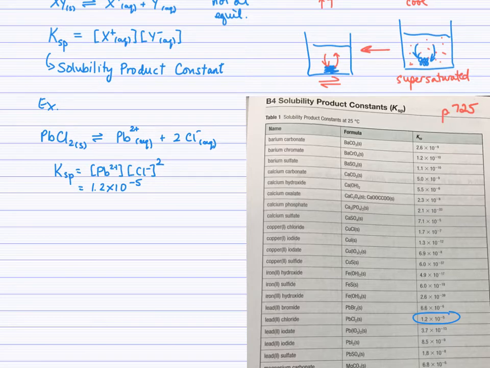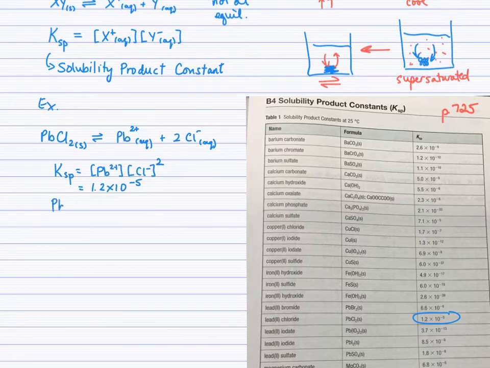So what does that value of KSP tell you about the equilibrium position? Compare the amount of reactants and products in this equilibrium. At times 10 to the negative 5, we definitely have a very low number of products, so a low concentration of ions in solution.